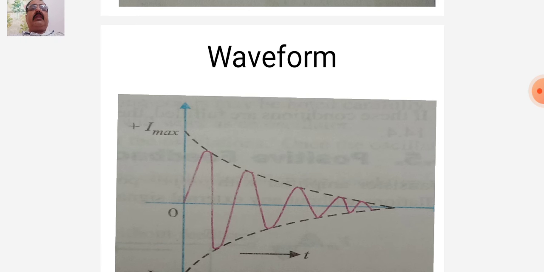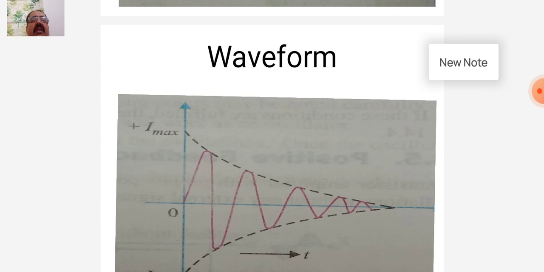In a practical tank circuit, there are resistive and radiation losses in the coil and dielectric losses in the capacitor. During each cycle, a small part of the originally imparted energy is used up to overcome these losses.